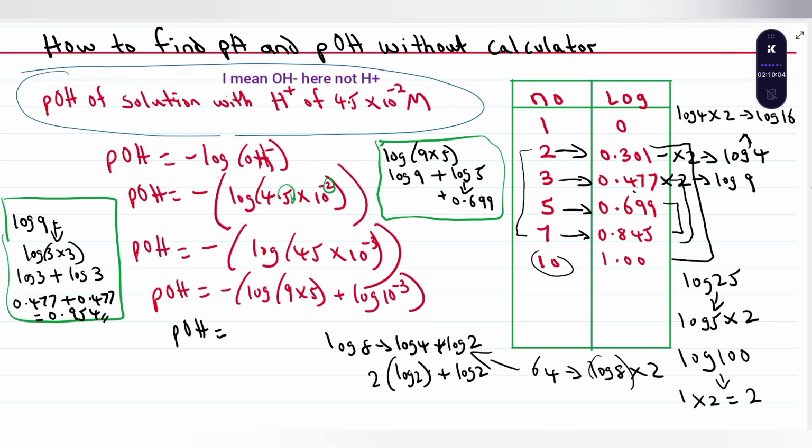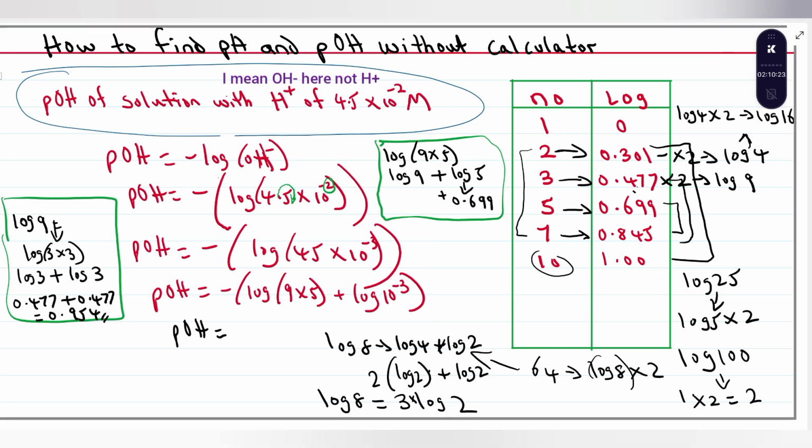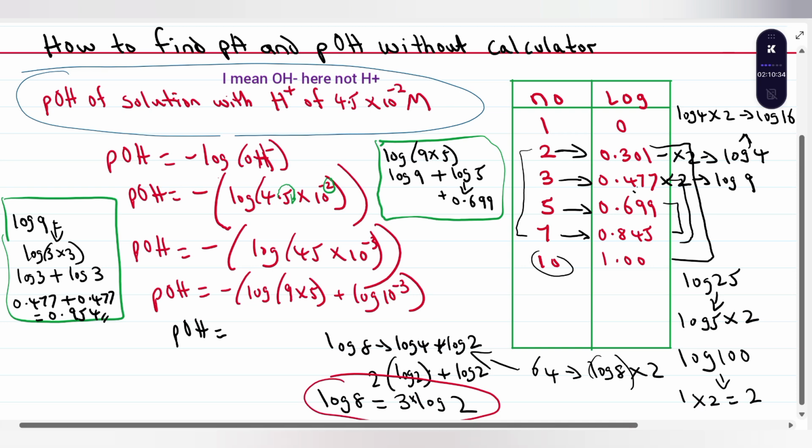So we can actually say log of 8 is equal to 2 log 2 plus 1 log 2. That's 3 log of 2. You can actually test this relationship with your calculator. Let's test it. Log 2 times 3, that's 0.95 for our log 8. So you can test this relationship with your calculator to know we're actually on the right path.